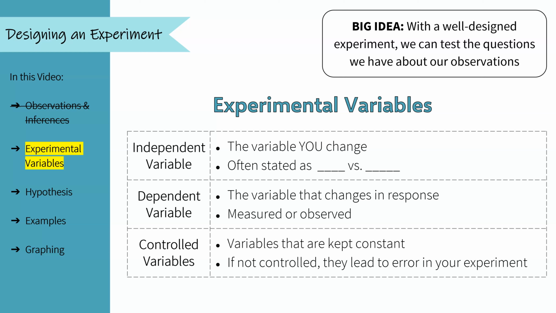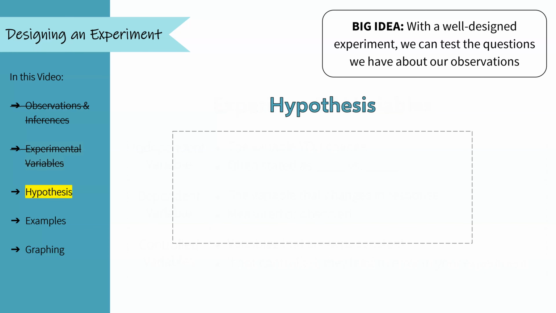Once we've designed our experiment, defined our variables, and thought about what we're going to do, it's time to make a hypothesis. A hypothesis is an educated guess. You've probably done some research about your topic or tried to look up to see if you could just find the answer online, and that research is what makes your guess educated. You're coming to this guess with some background information.